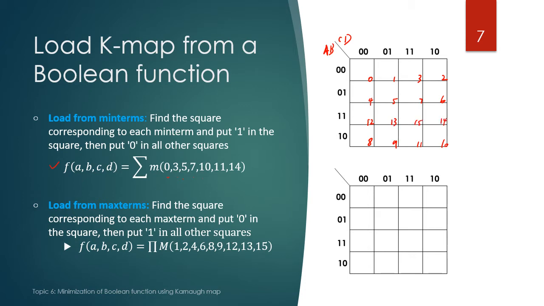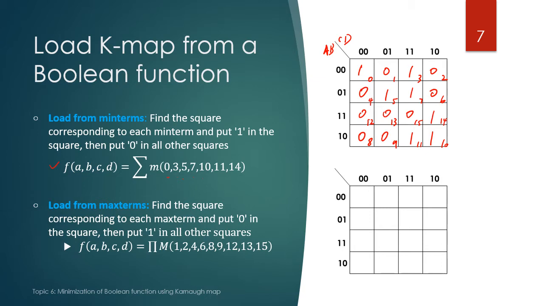Okay, so just find the corresponding number. So 0, put 1; 3, put 1; 5, put 1; 7, put 1; 10, 11, 14. Then the rest should equal 0. So that's how you fill it.